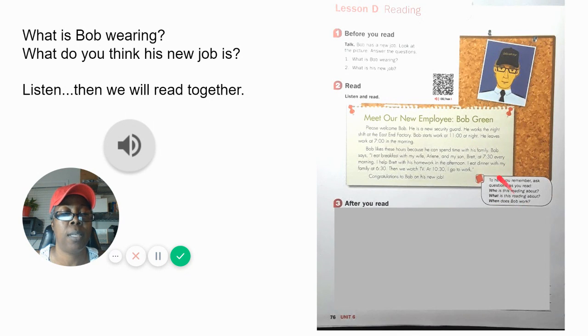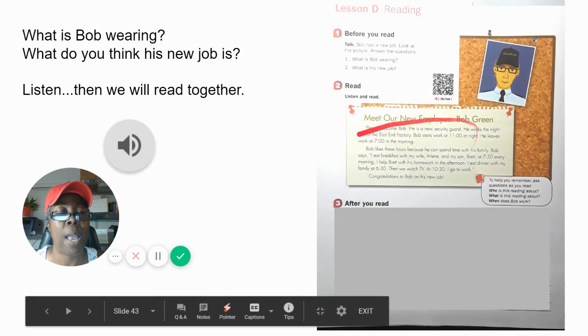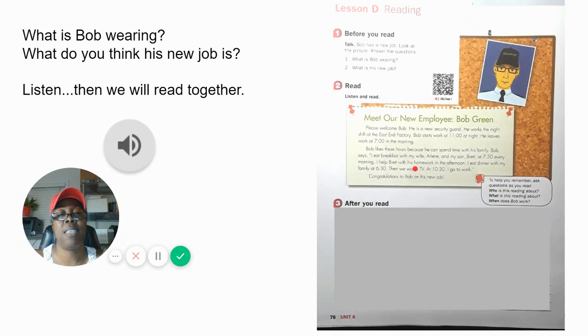When does Bob work? We know that Bob starts work at 11 at night. It's called the night shift, right? The night shift. Okay, so we are going to answer some questions about what we read, and we will pick up in the next lesson. We will answer the questions, and then we will continue on in Unit 6. All right, see you guys soon.